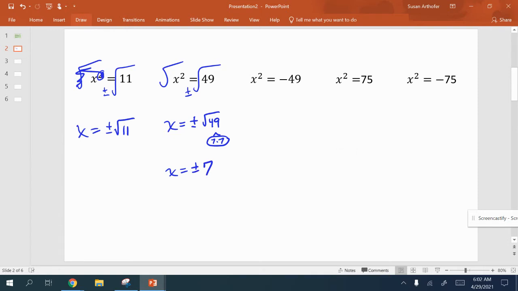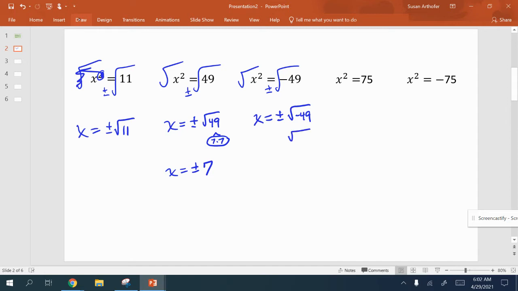Okay, the next one looks very similar, but it has negative 49. So you take the square roots on both sides, add plus or minus. Out comes x. Now we have to reduce square root of negative 49. When you have a negative inside a square root, out comes i, right?